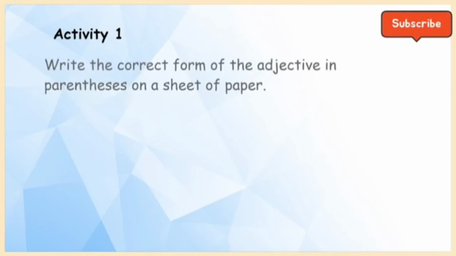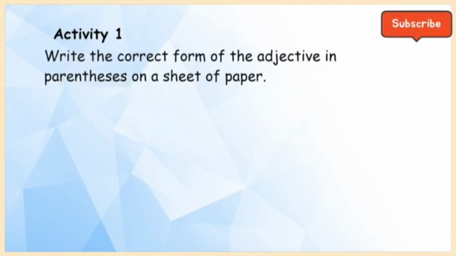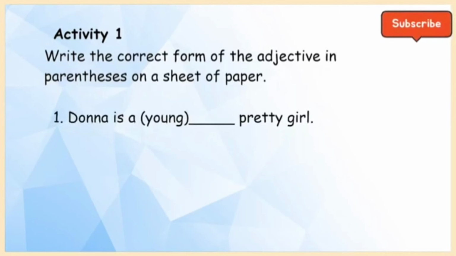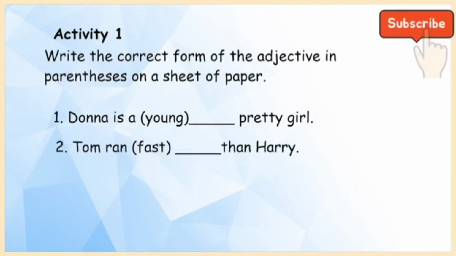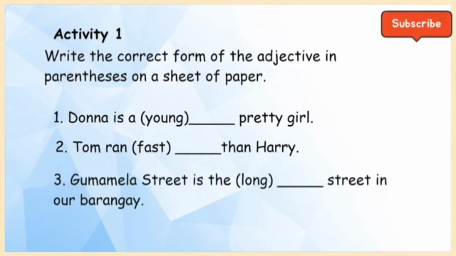Activity 1. Write the correct form of the adjective in parentheses on a sheet of paper. 1. Donna is a blank pretty girl. 2. Tom ran faster than Mary. 3.